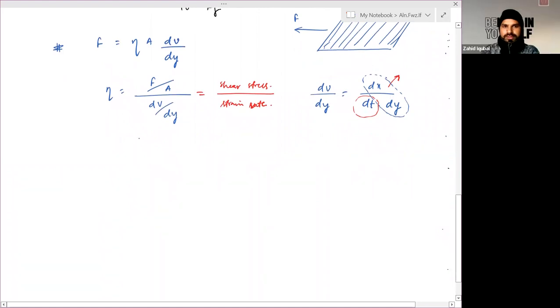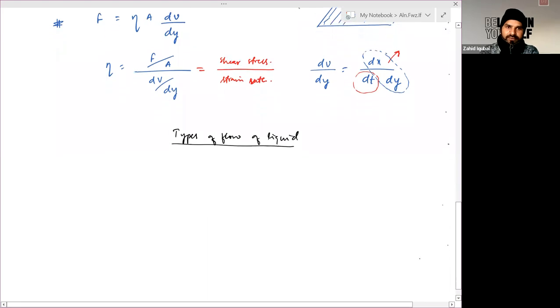Now, using the concept of viscosity, we have to define types of flow in different segments. So next is types of flow of liquid. We have mainly three different types of flow of liquid.